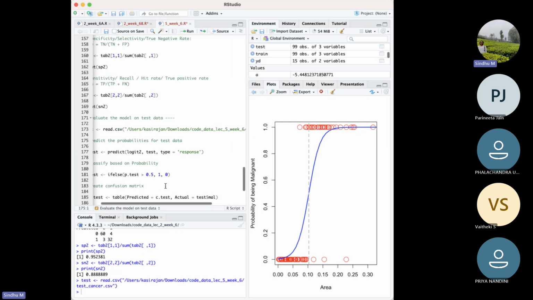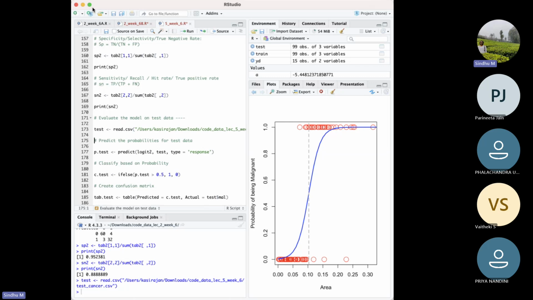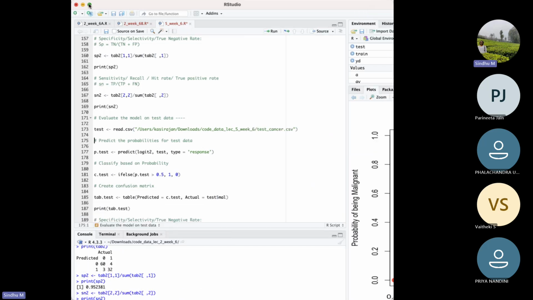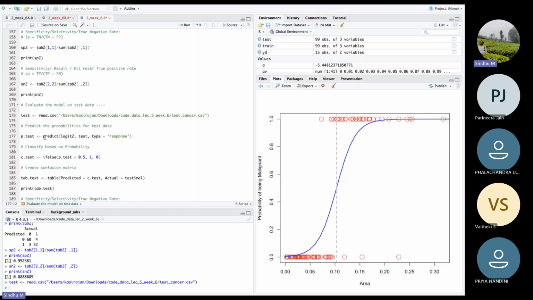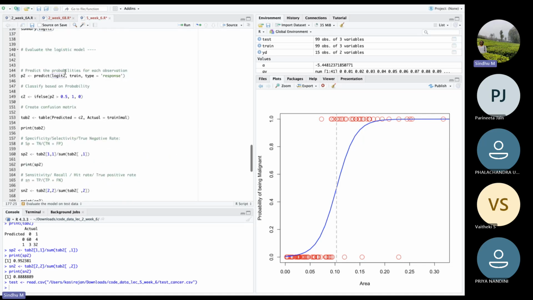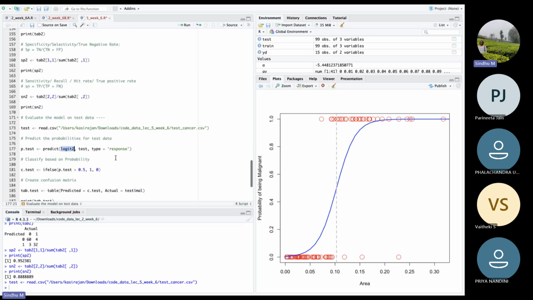So we have loaded the test data set, and to predict the probabilities from this test data, we have to again use the predict function, and we are using it with the model that we made with logit 2 with the GLM function.